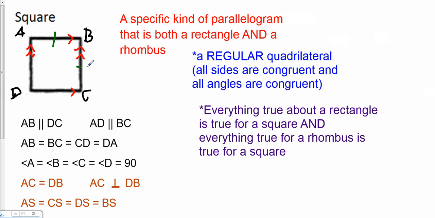AB is the same length as BC, same as CD, same as DA. That's because it's technically still a rhombus, so all the sides have to be the same. It's also technically a rectangle, so all of these have to be 90. So that's true.